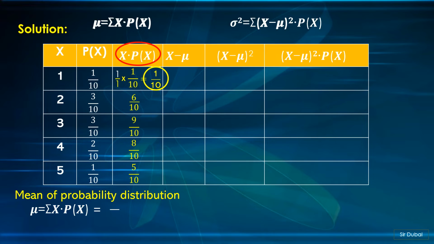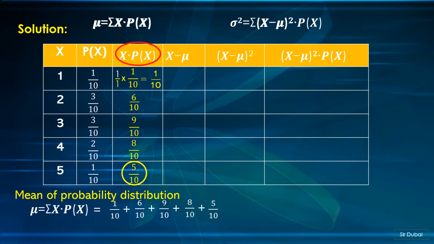So therefore, we are now going to use its answers to solve the mean. And that is, the first one is 1 over 10 plus the second one, which is 6 over 10 plus 9 over 10 plus 8 over 10 plus 5 over 10.